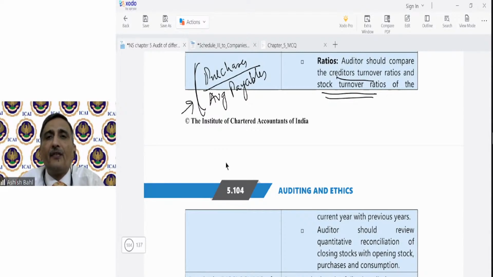If it is fast in making payment to its creditors, then it's okay. And if the creditors are outstanding for a very long period, it may arouse suspicion in the mind of the auditor that there is a possibility of fictitious creditors arising out of fictitious purchases which have been booked in the books of accounts.